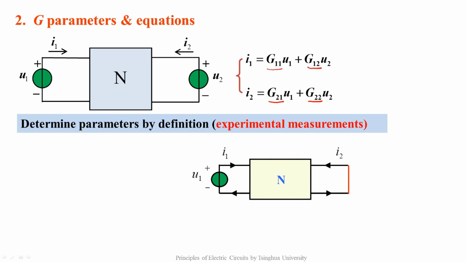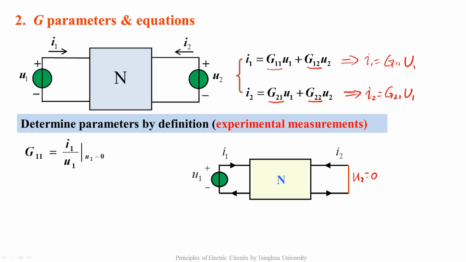Firstly, if we let port 2 be a short circuit, that is U2 equals 0, then I1 equals G11 times U1, and I2 equals G21 times U1. If we connect the voltage source to port 1 and measure two ports currents by ammeter, then we can determine G11 and G21 of the G parameter.